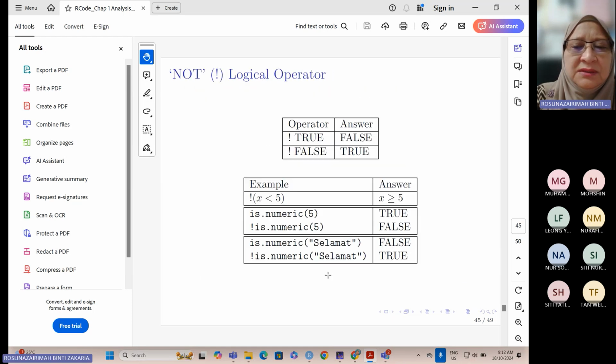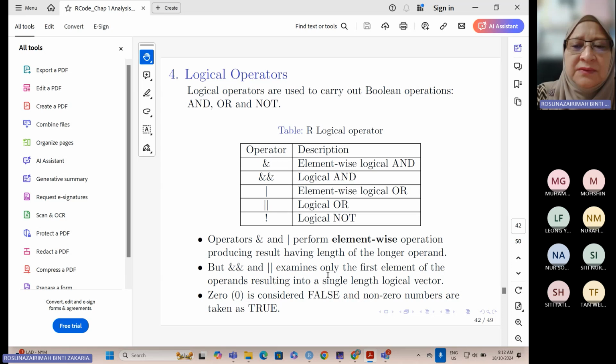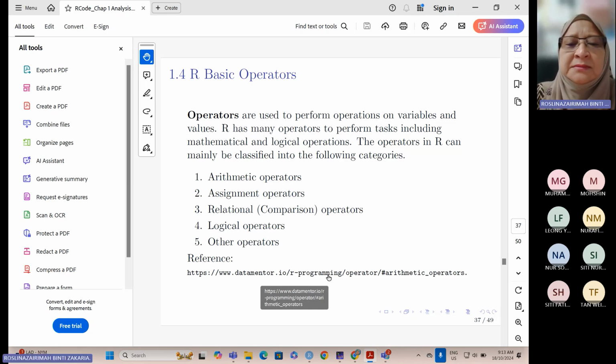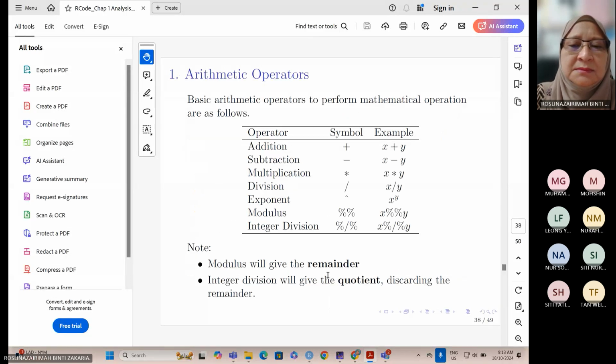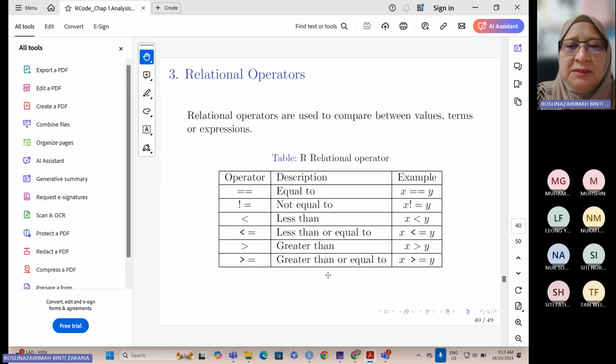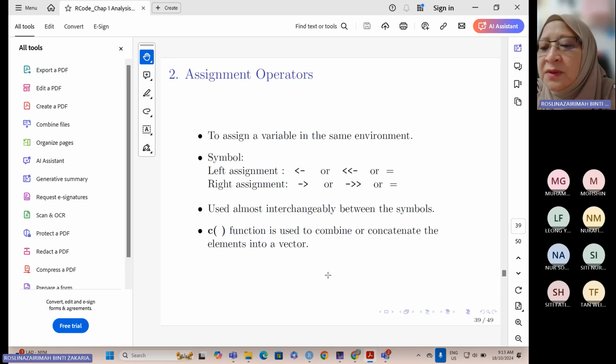Have we gone through the basic operators in R? Anybody remember? Okay, tak apa. Maybe we just continue a little bit.